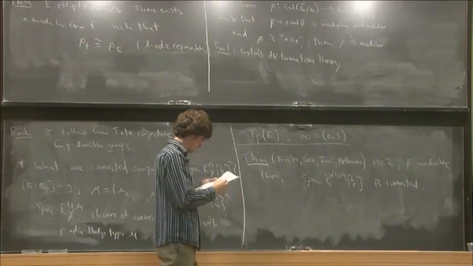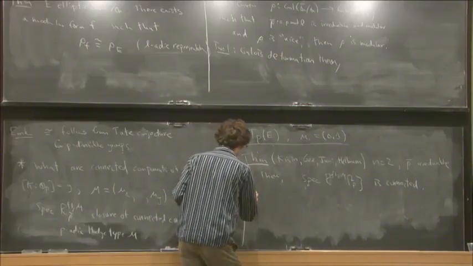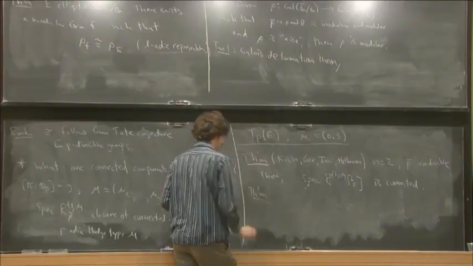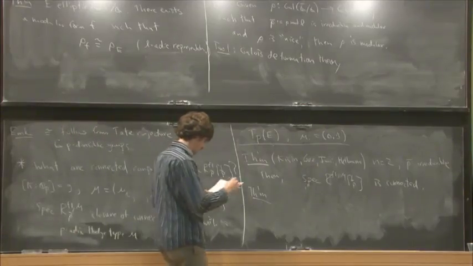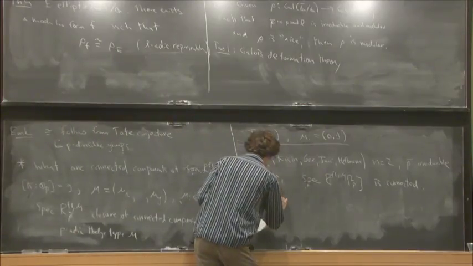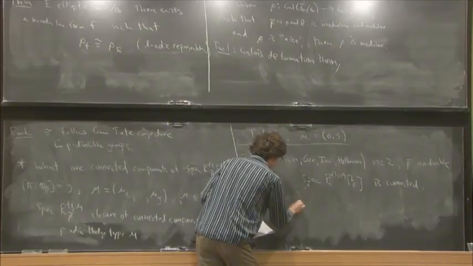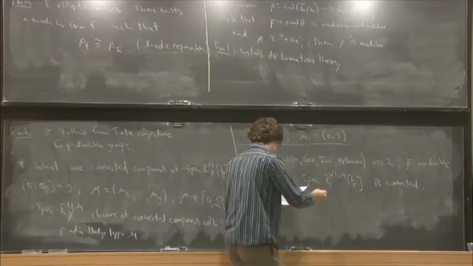And the way that Kisin's resolution gets used is the following result, which doesn't depend on n or p.